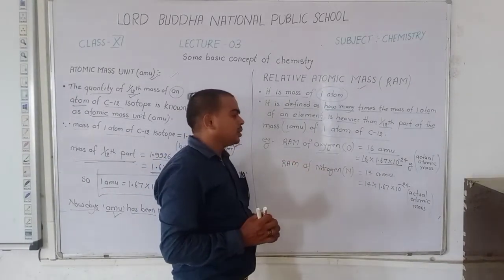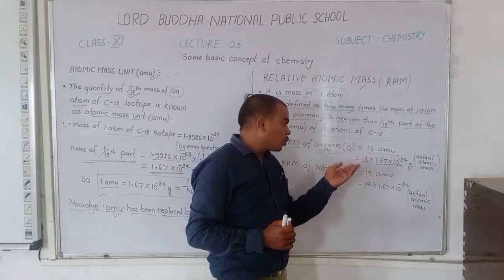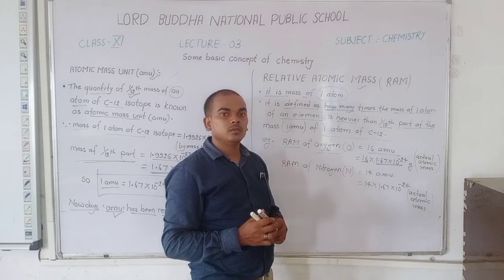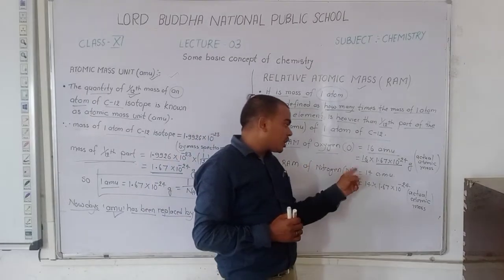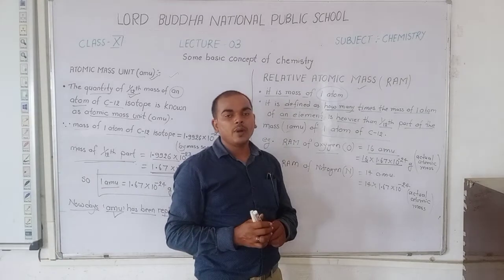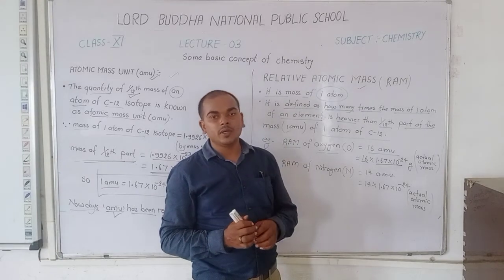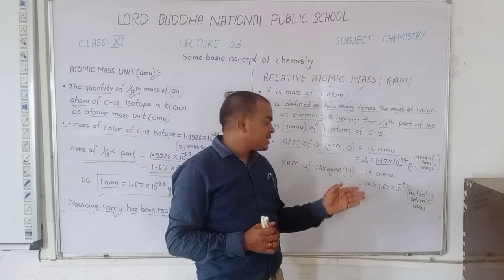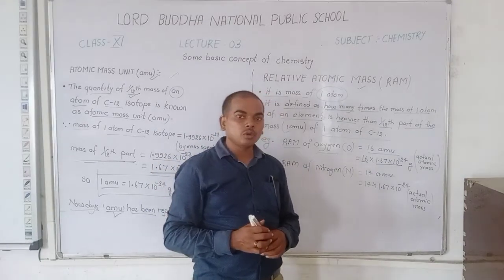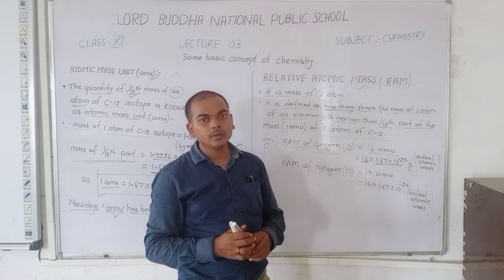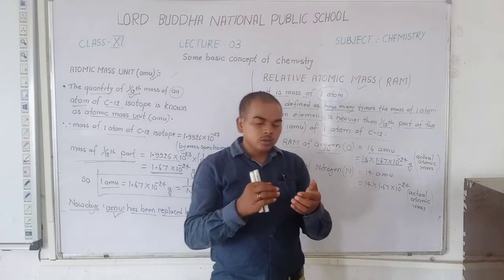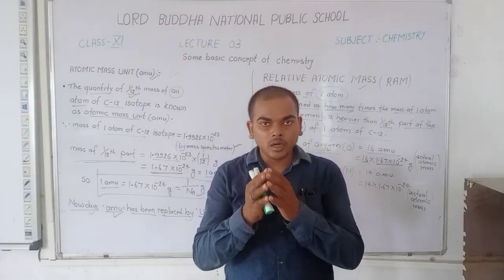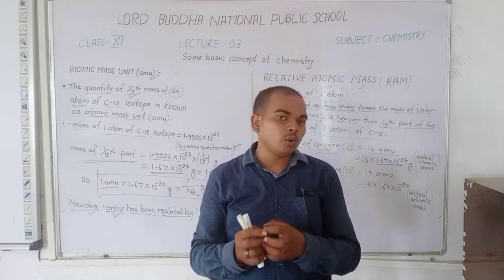Same phenomenon with nitrogen. You know that the atomic mass of nitrogen is 14, but this 14 AMU is the relative atomic mass of nitrogen. The actual atomic mass is 14 into 1.67 into 10 power minus 24 gram. The atomic masses given in the periodic table are calculated by adding the number of protons and neutrons.